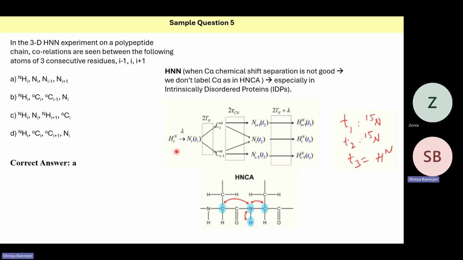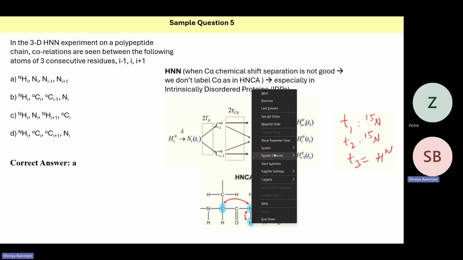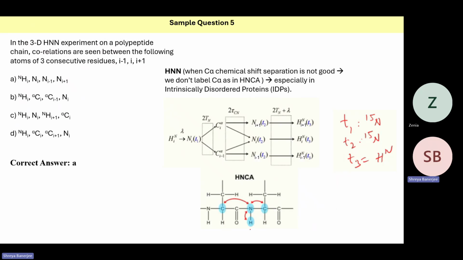This is especially used in intrinsically disordered proteins. So the first part is similar to that of HNCA. Let me just write out the residue numbers. This is I. This is I minus 1. And here if we had another NH, that would have been I plus 1.